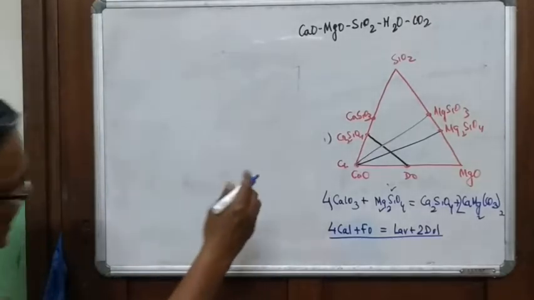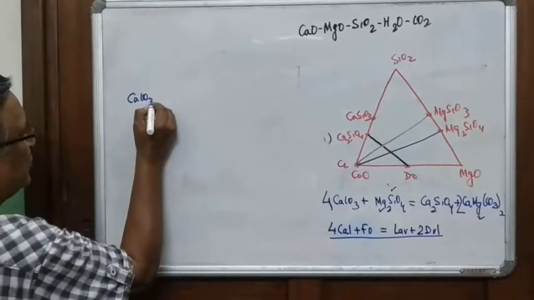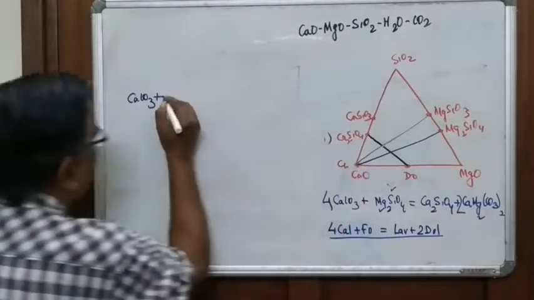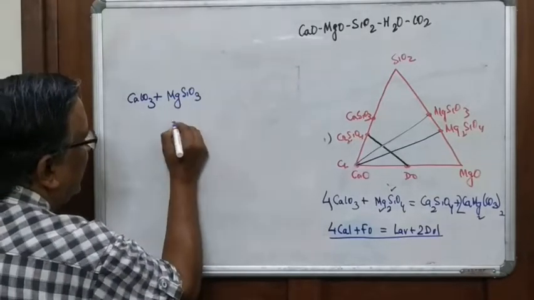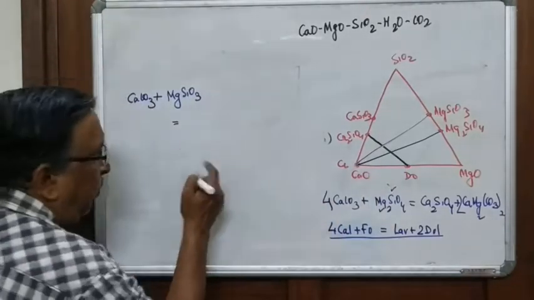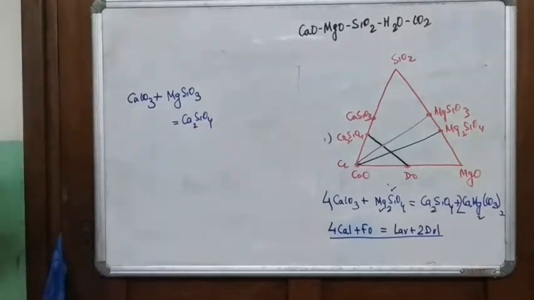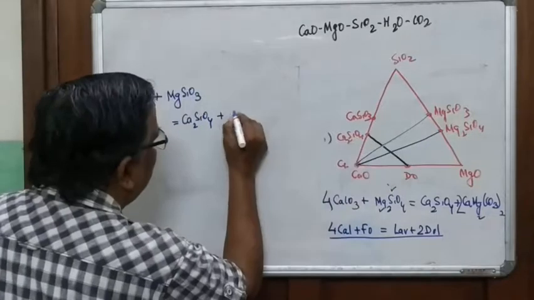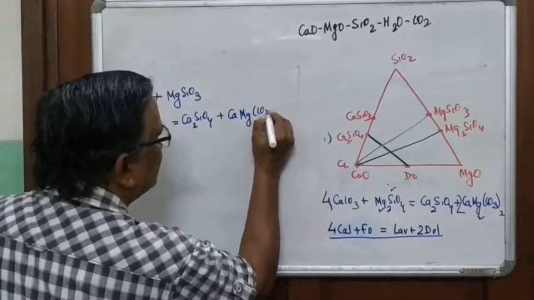It is calcite, CaCO3, plus MgSiO3, and this will be equal to Ca2SiO4 plus CaMg(CO3)2.